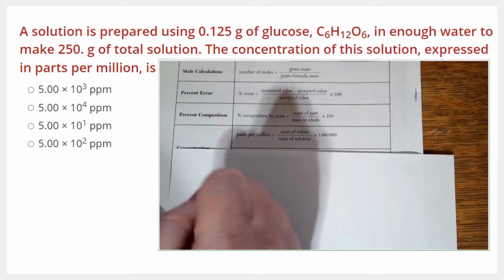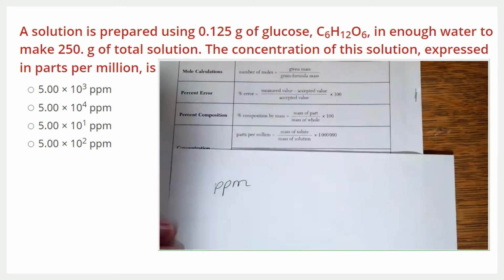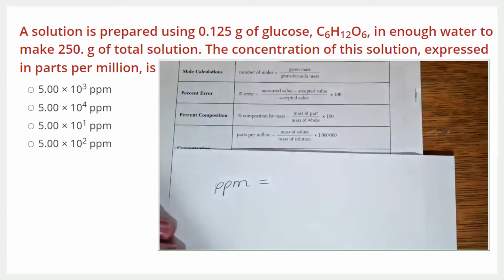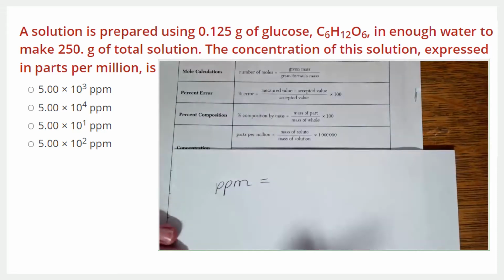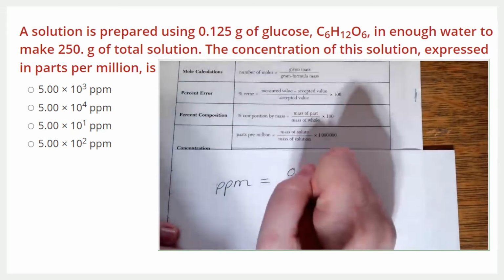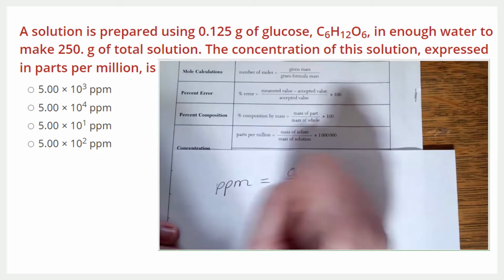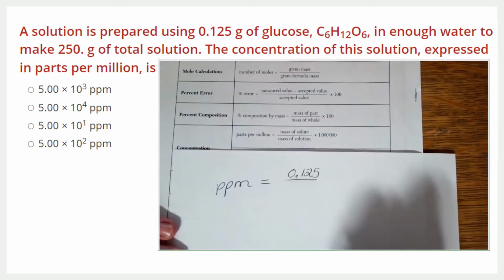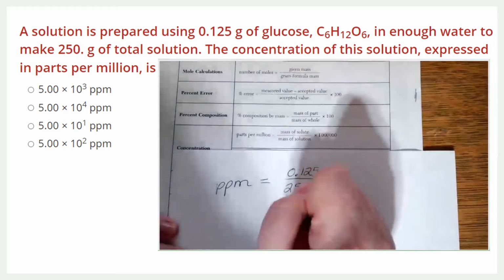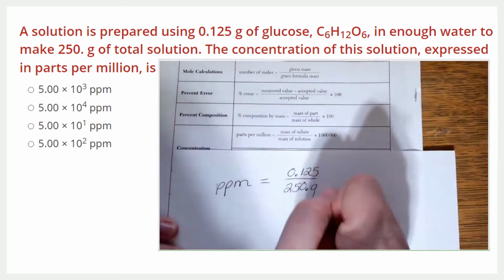All right, so ppm equals the mass of the part. Essentially it tells us the mass of the solute. So the solute is the thing you are putting in, so that's got to be the smaller number. And on the bottom is the mass of the solution. It tells me that it is 250 grams.